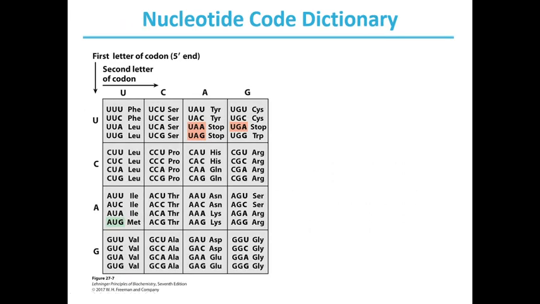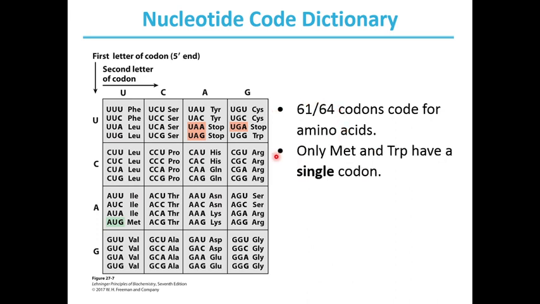Consolidation of the results from many experiments permitted the assignment of codons to individual amino acids, and that resulted in the nucleotide code dictionary, as shown here. 61 out of 64 codons code for amino acids. Now, if you count this table, you will see that there are 64 codons, of which 61 code for amino acids.